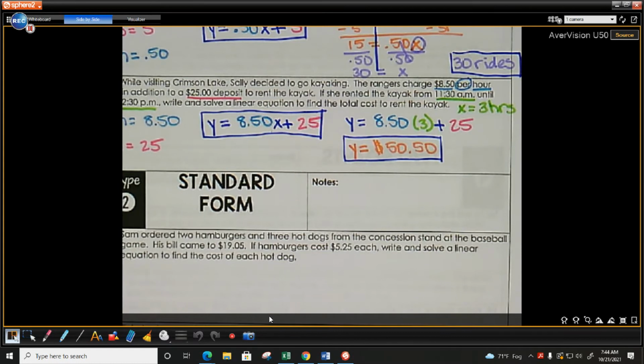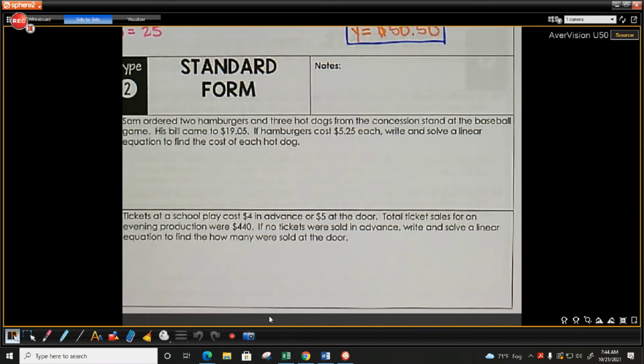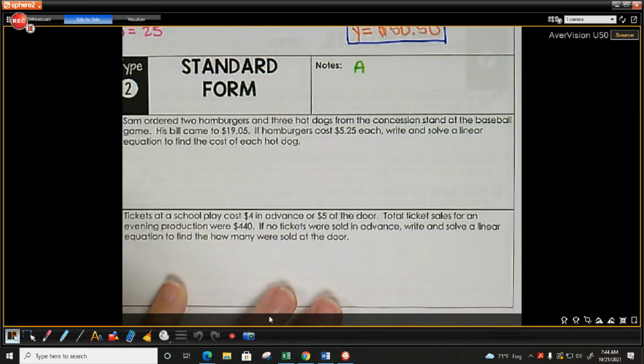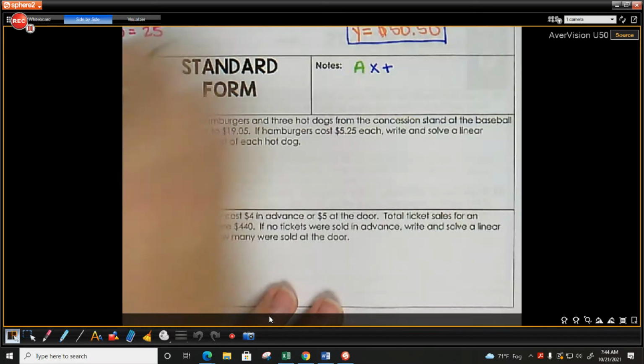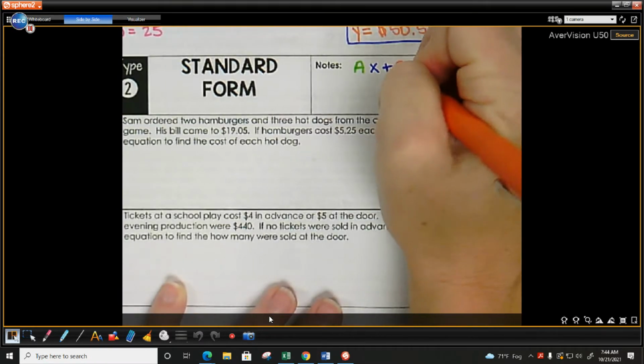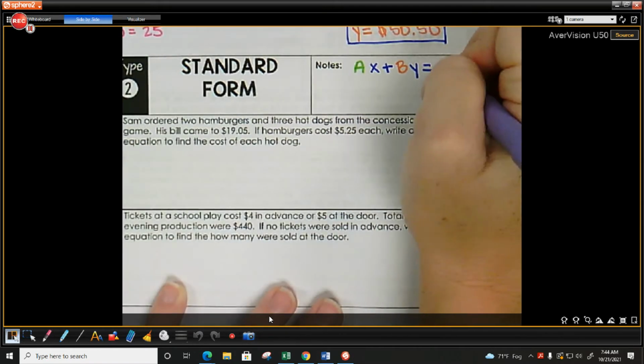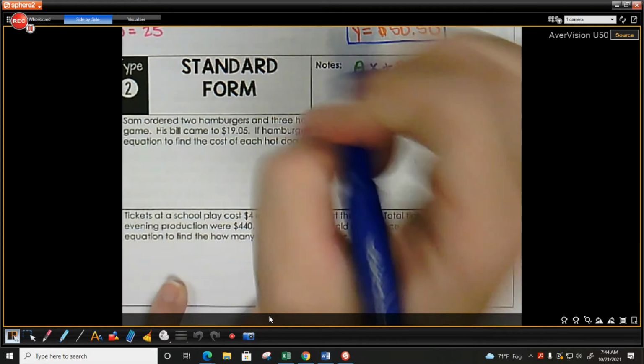Okay, let's go now to standard form. Do we remember what standard form is, guys? AX plus BY equals C. Okay? Now, when do we use this?